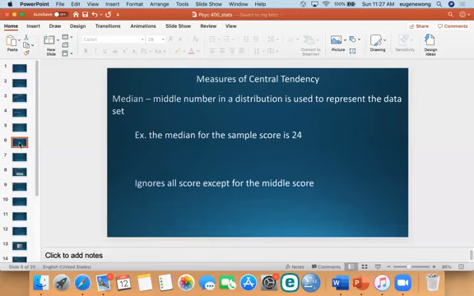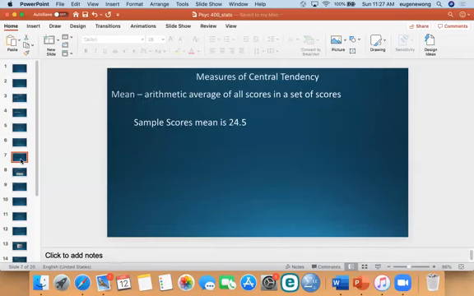So in that sense, the median is a bit of a hiccup in terms of describing a set of scores. So we have this third measure of central tendency, which is one that you guys have been using forever and ever and ever.